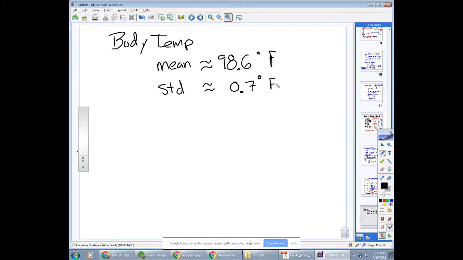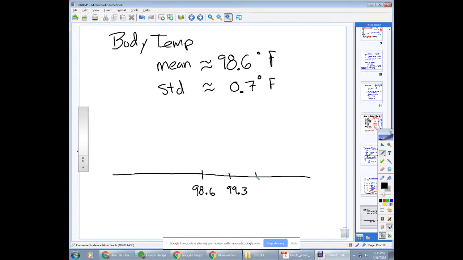So those of you with calculators out, help me out here. We're gonna draw out the idea of deviation from the mean. Now, some people are just naturally cooler than other people, and some people are naturally warmer, whether they're sick or healthy. But right in the middle of all people is this 98.6 number. So then if I measure over one standard deviation to the right, what would that be? 99.3?